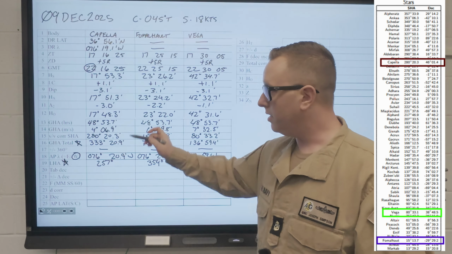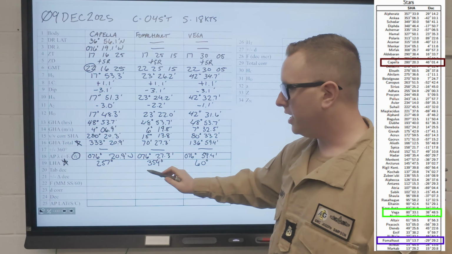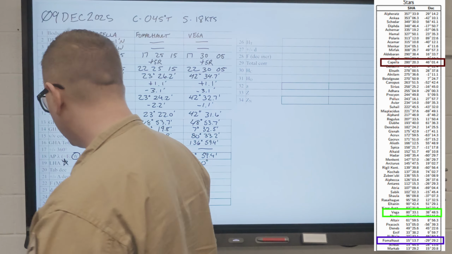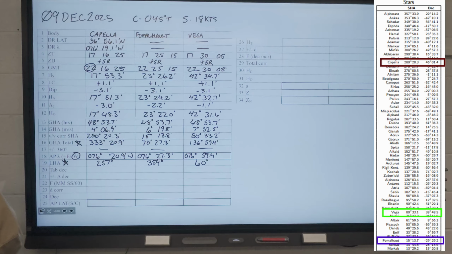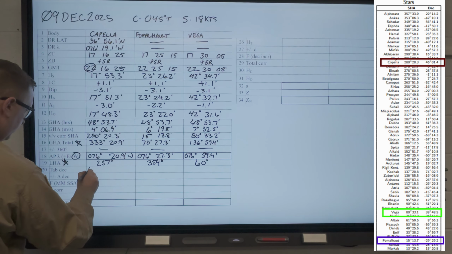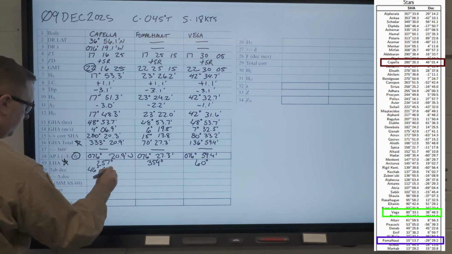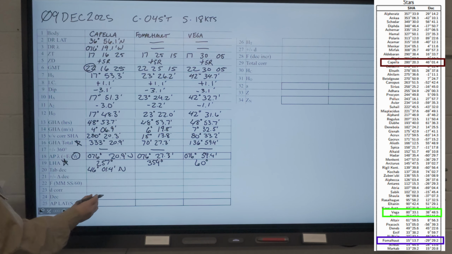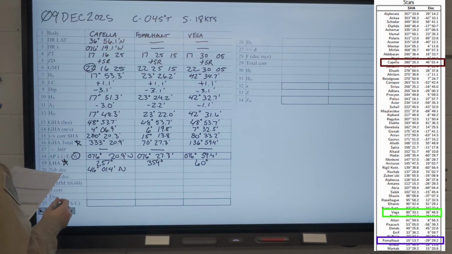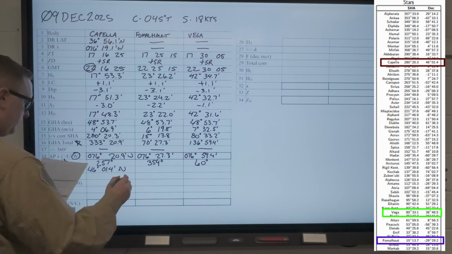You're going to take exactly what Capella, Fomalhaut, and Vega say and write them in. Make sure you label it north, because once we get down here, I'll explain why.